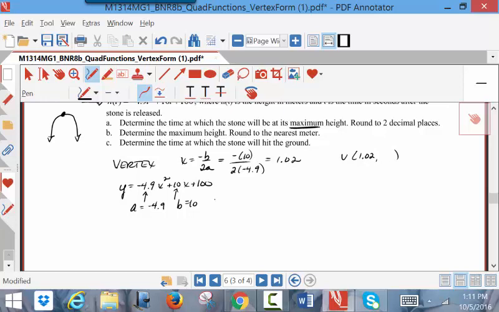So now to find the y value of the vertex, I put that 1.02 into this equation. So it's a negative 4.9 times 1.02 squared plus 10 times 1.02 plus 100. If you put all of that in your calculator, I get 105.10.